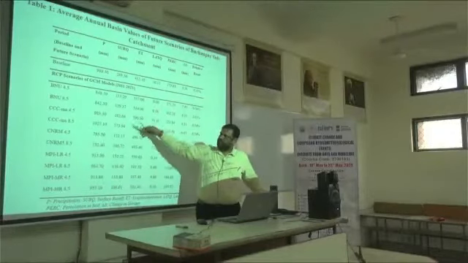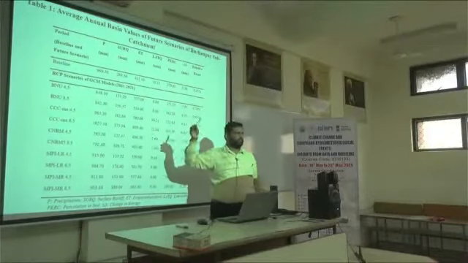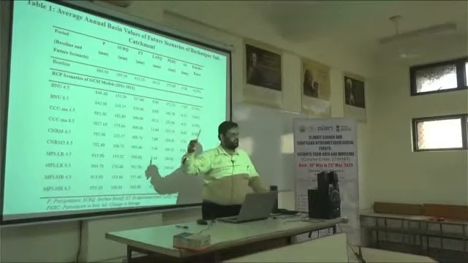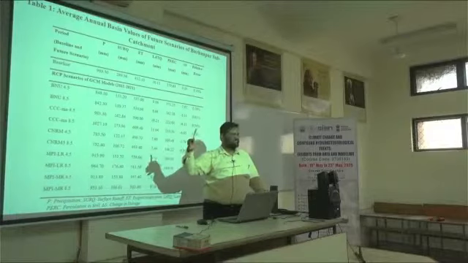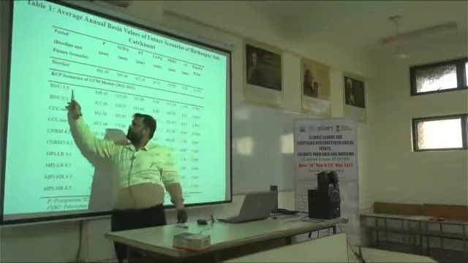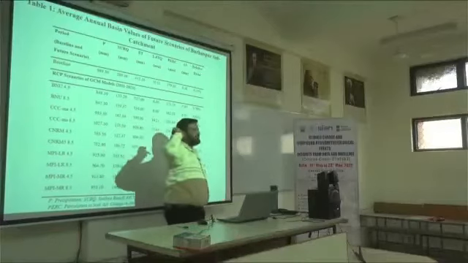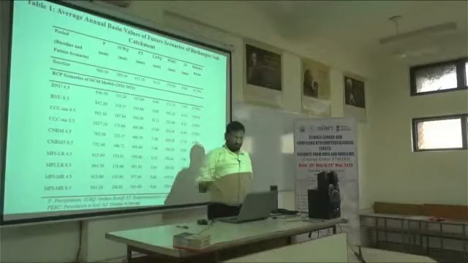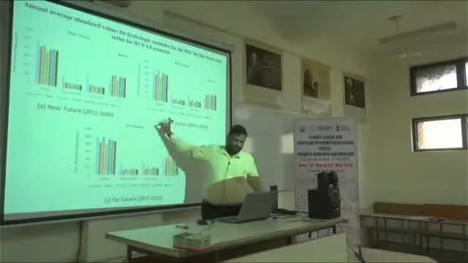So these 5 models for 2 different scenarios, the RCP scenario, representative concentration pathway, which is based on the carbon emissions. 4.5 is the moderate scenario, 8.5 is the worst scenario. So we have got these types of complete hydrology.